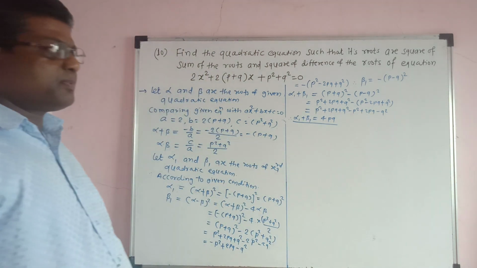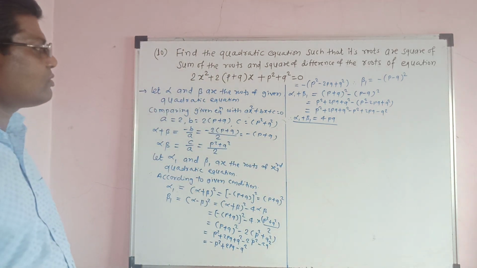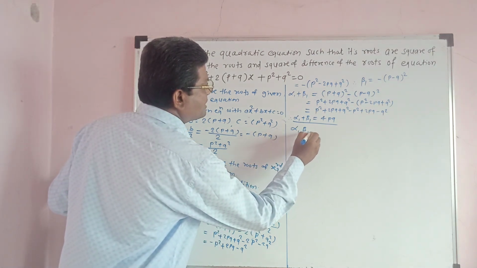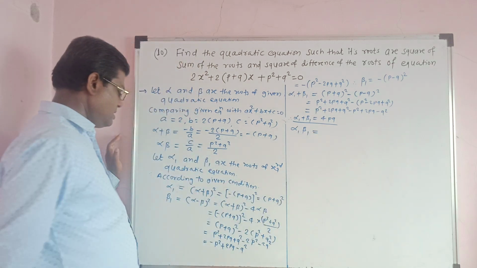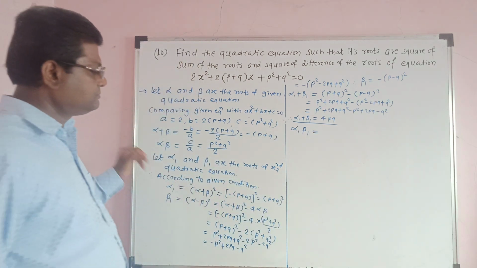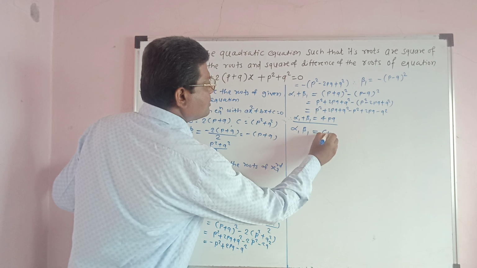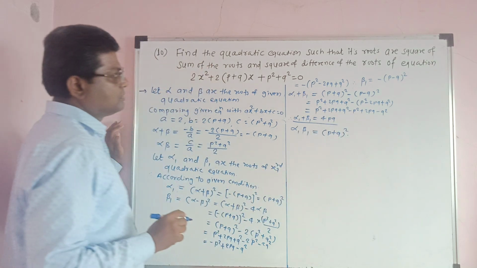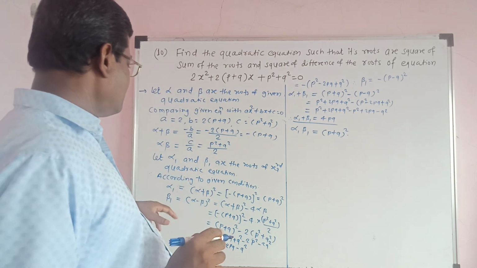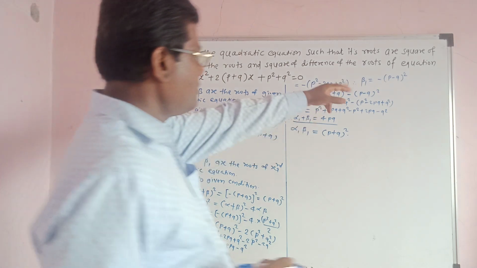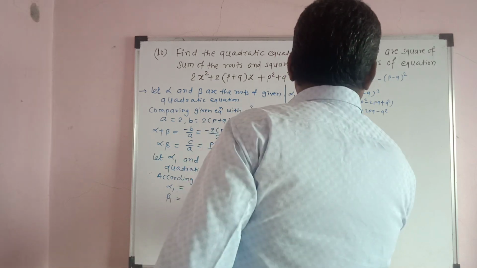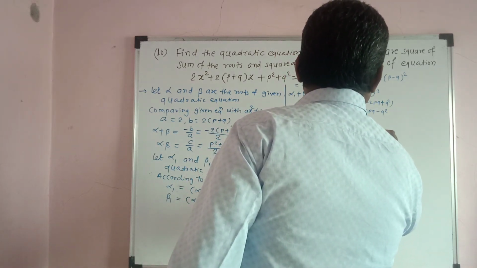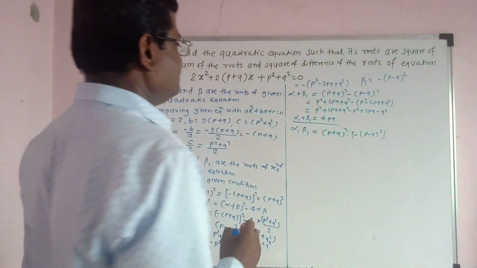Now the product of roots of the required quadratic equation, that is alpha 1 into beta 1, is equal to what? Alpha 1 is (p plus q) bracket square, into what is beta 1? Beta 1 is minus (p minus q) bracket square.